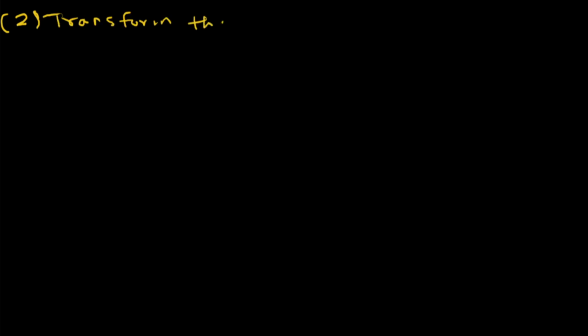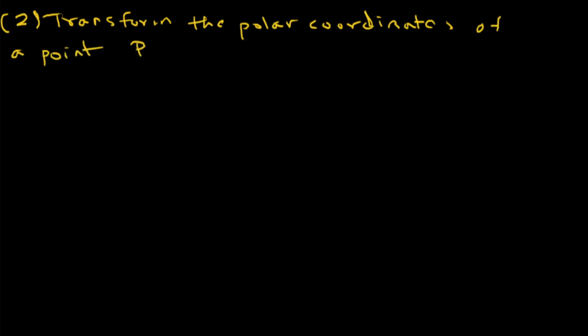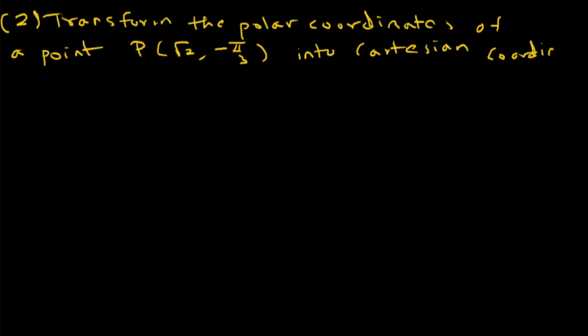Transform the polar coordinates of a point, say P, (root 2, minus pi by 3), into Cartesian coordinates.